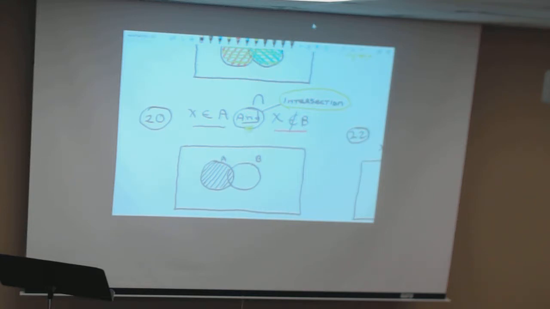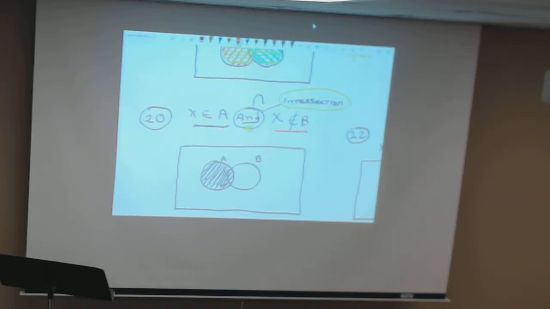Let's do problem 20. So X is an element of A. So that means I put these black marks in A. And X is an element of B. No, it didn't say an element of B. Did I copy that down right?